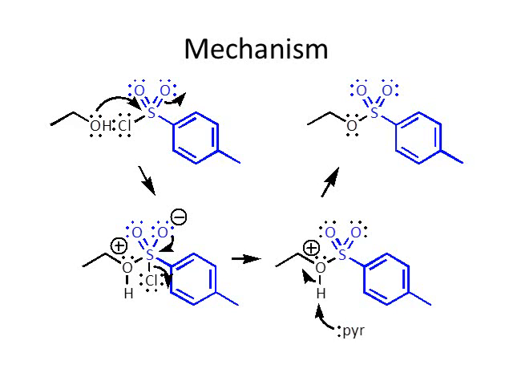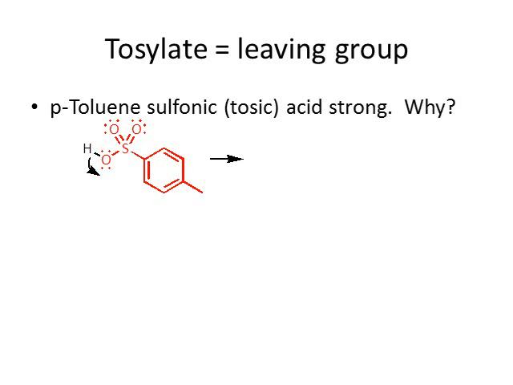Okay, but why is this interesting? Why would we make this tosylate thing in the first place? Well, let's just step aside and say paratoluene sulfonic acid, which is also known as tosic acid, is a very strong acid. It's probably one of the stronger of the organic acids, and it's really on par with things like HCl, HBr, H2SO4.